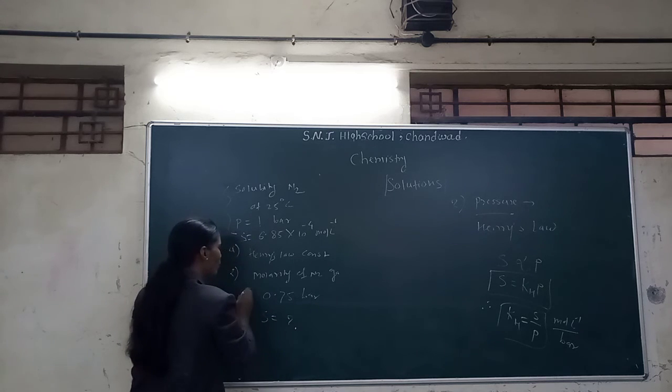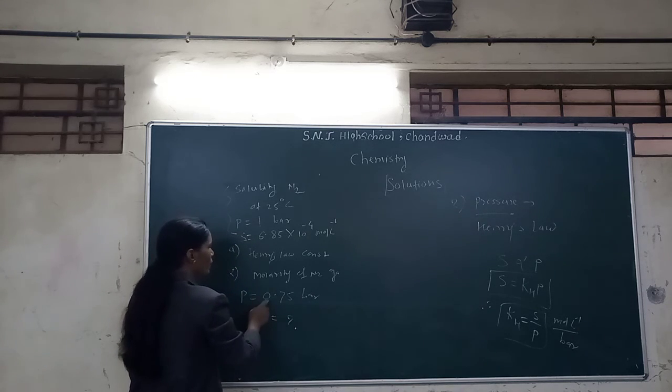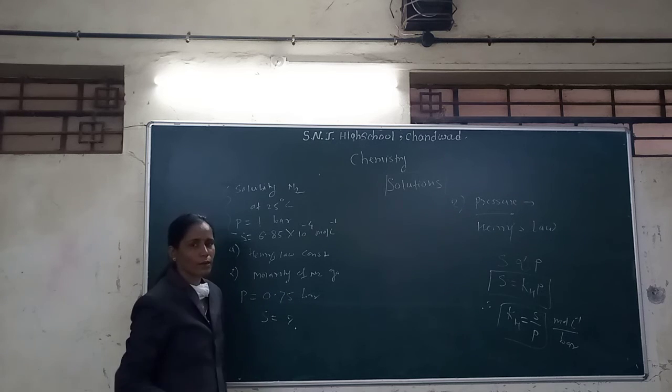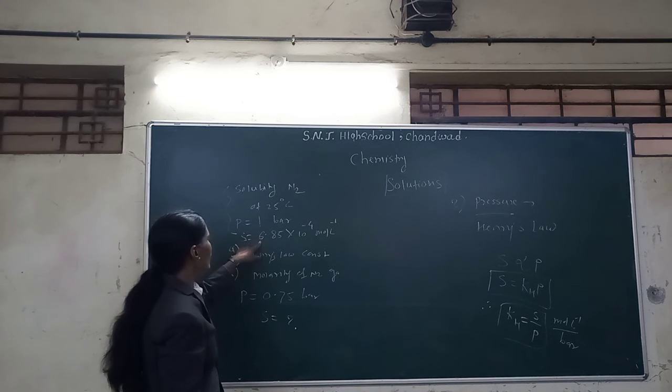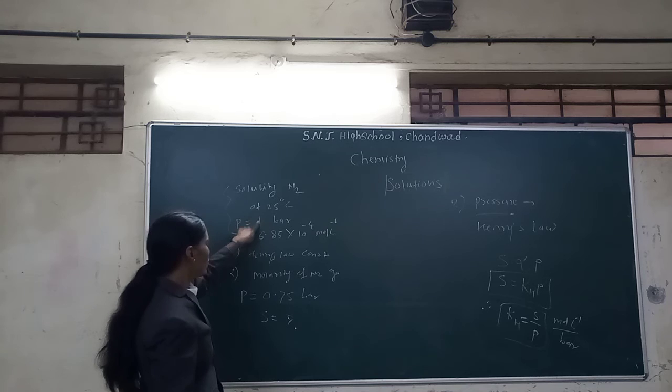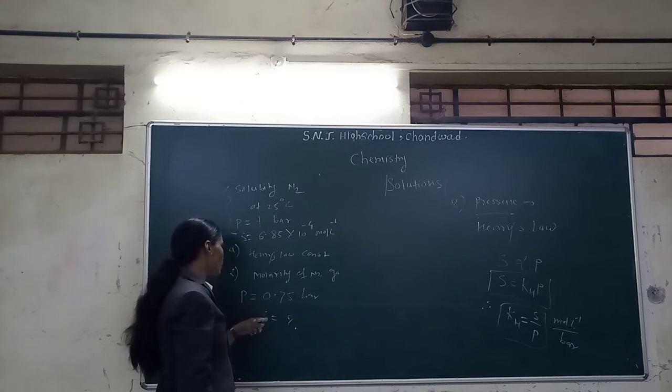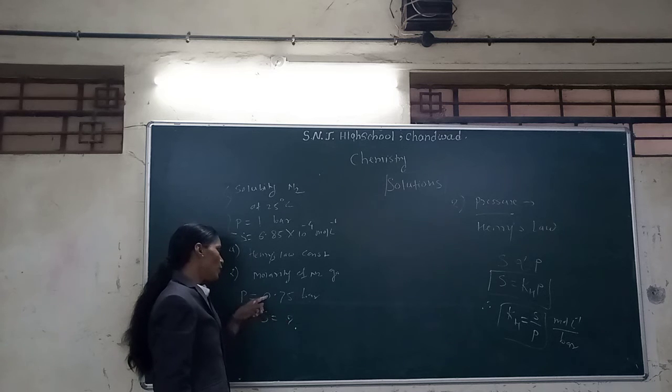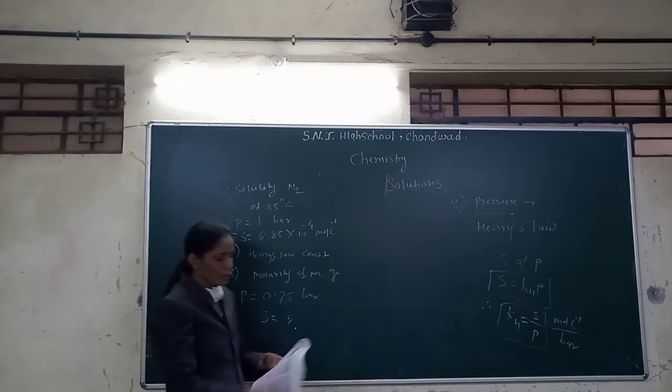Solubility for P equal to 0.75 bar. Here the solubility for 1 bar we find out. Calculate the solubility for pressure 0.75 bar.